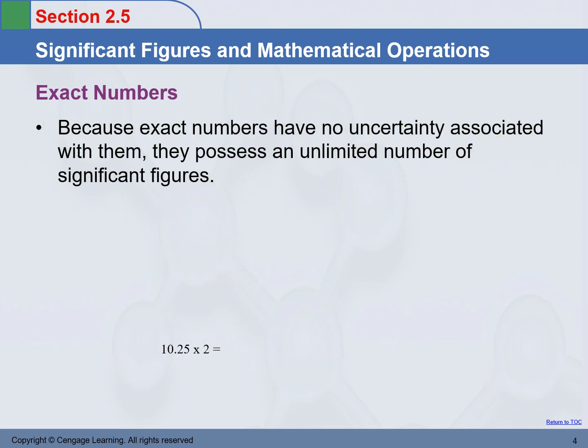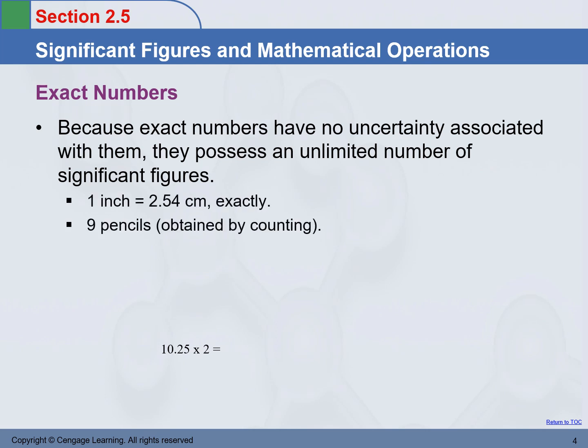We basically finished the operation rules for measurement. However, let's look at an exception. Okay, exact numbers. Exact numbers have no uncertainty, so they are believed to have an unlimited number of sig figs. Like 1 inch equals 2.54 centimeters.